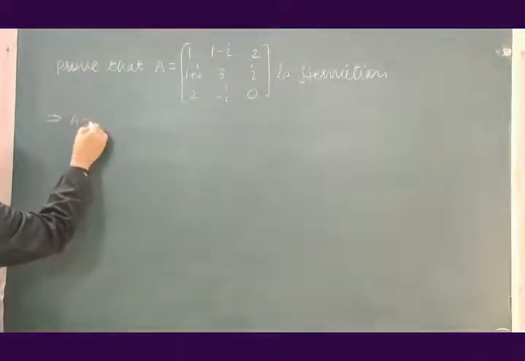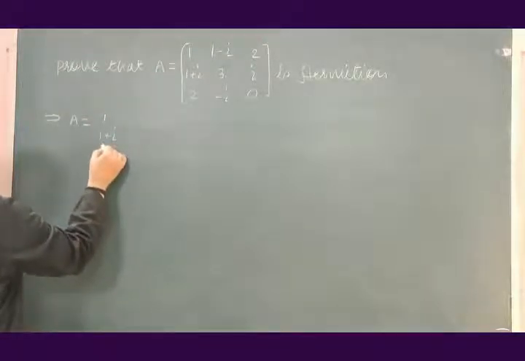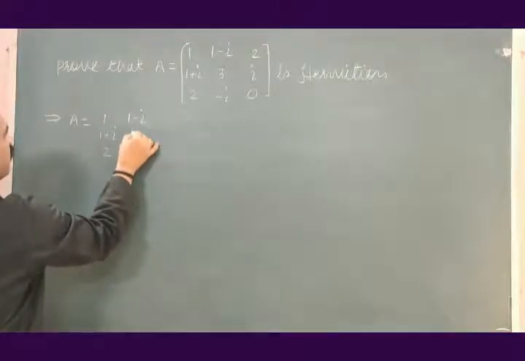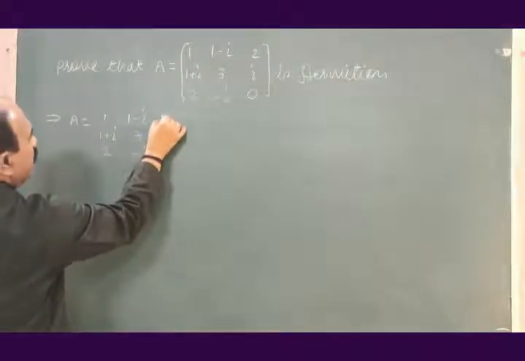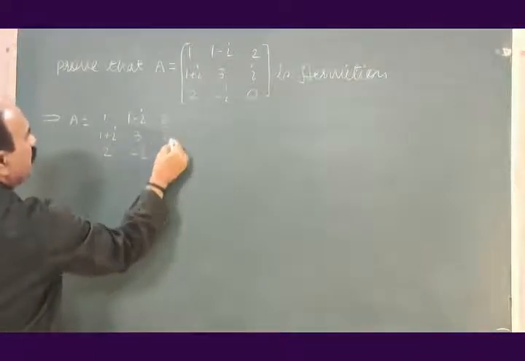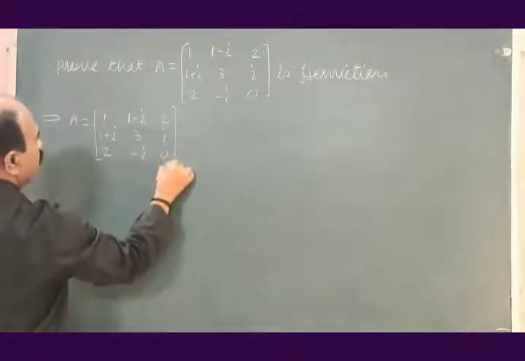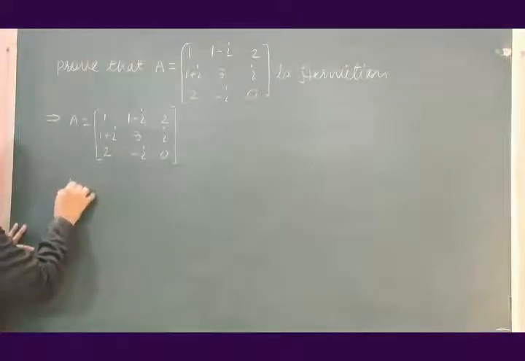A is [1, 1 plus i, 2; 1 minus i, 3, minus i; 2, i, 0]. This is matrix A. What will be A bar?